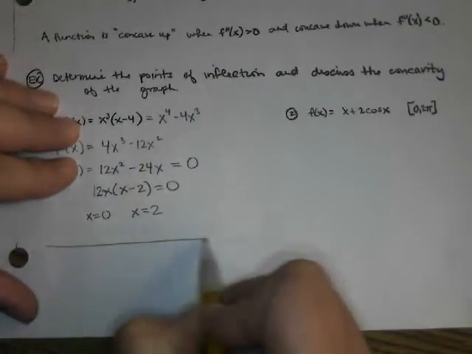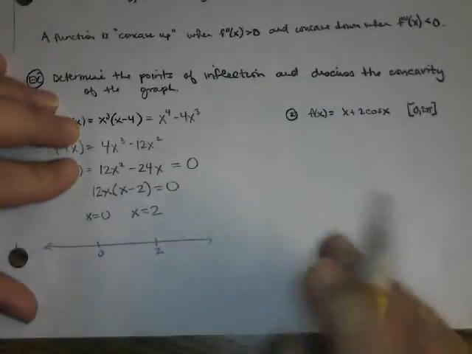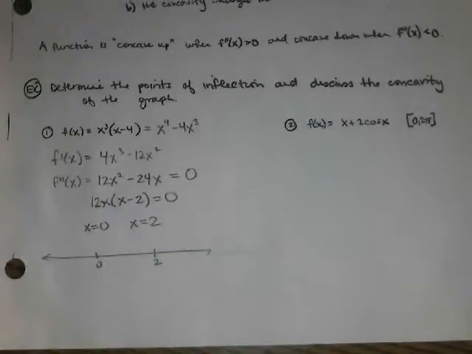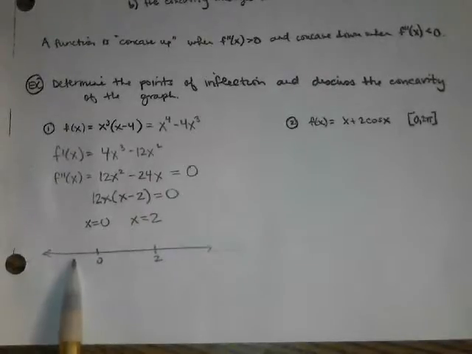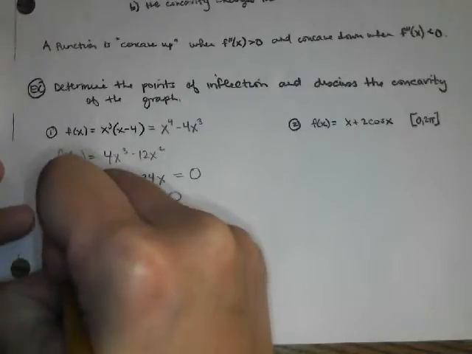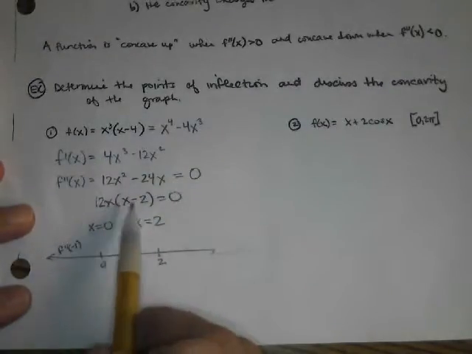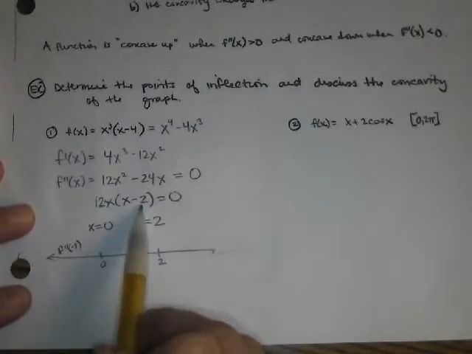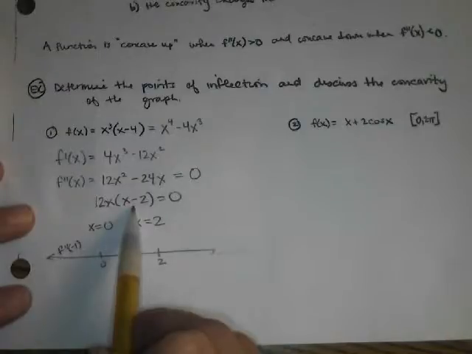So when we set up our number line, that's going to create multiple intervals for us to have to check inside of. And we are plugging these into the second derivative. And again, we don't care about value, we just care about positive, negative. So f double prime of negative 1, let's say. What is that? Gives us a negative times a, if I'm plugging in negative 1, a negative times a, why the crickets?